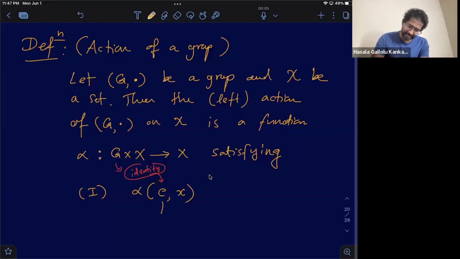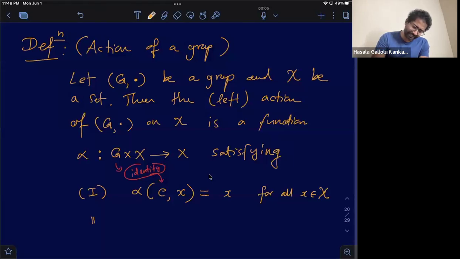So here I choose the identity as the first coordinate, and then the second coordinate, any point x. This is going to be none other than just x. This should be valid for all x in this flat set X.